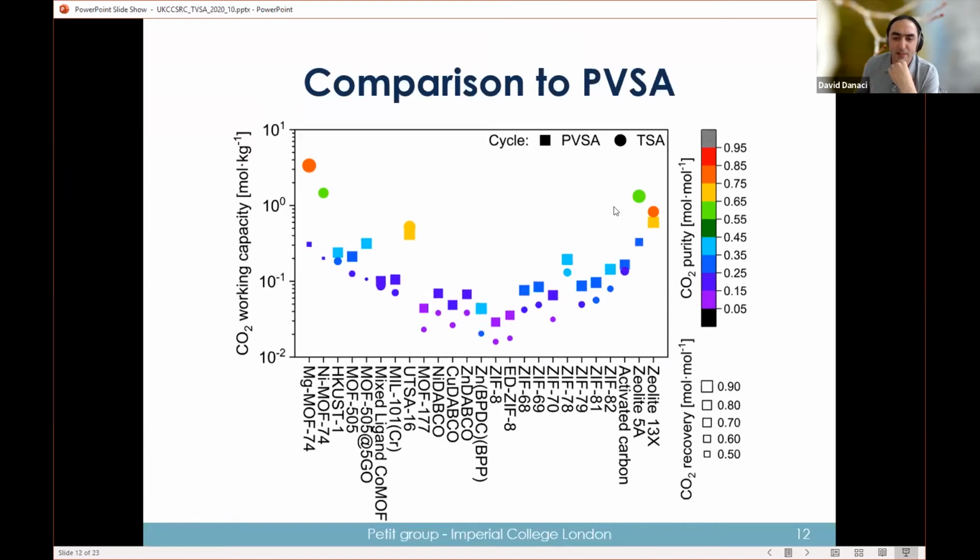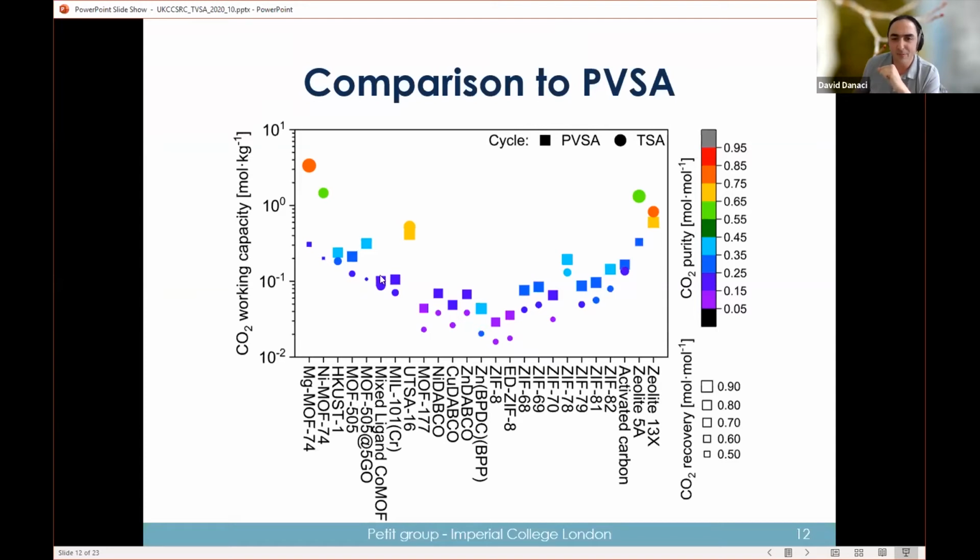So up here in the zeolite area, and for the MOF 74s, TSA is indeed better in those cases under these conditions, but that's mostly due to their high heats of adsorption, where temperature has a big effect.